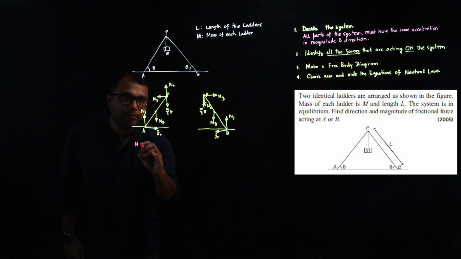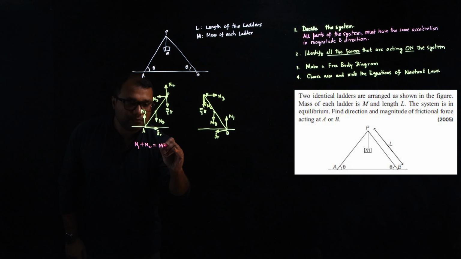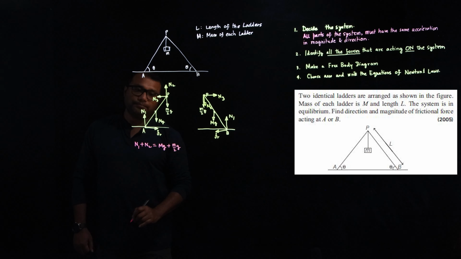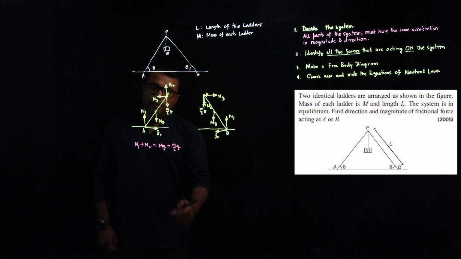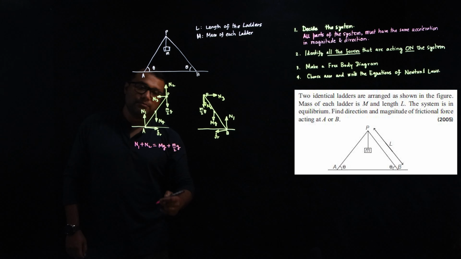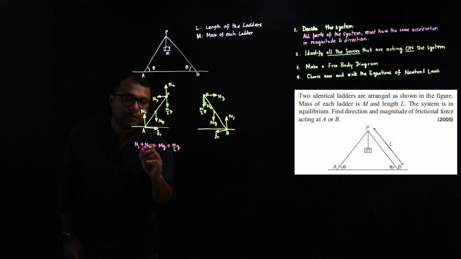N1 in the upper direction, N2 in the upper direction, must equal mg, which is in the downward direction, and m by 2 g, which is also in the downward direction. Now all the horizontal forces must also cancel out. So this friction must be equal to N3.